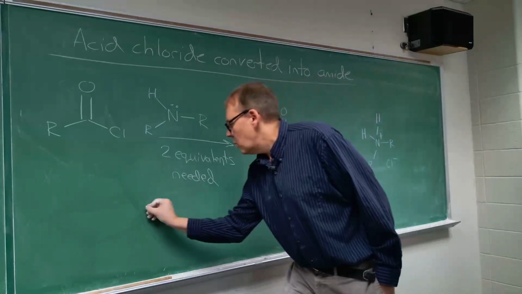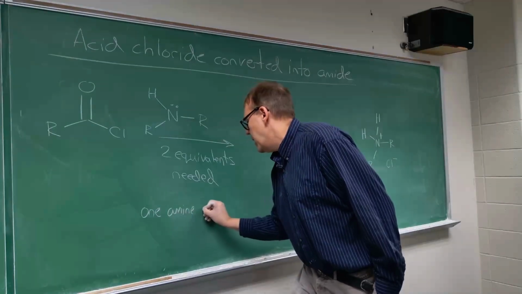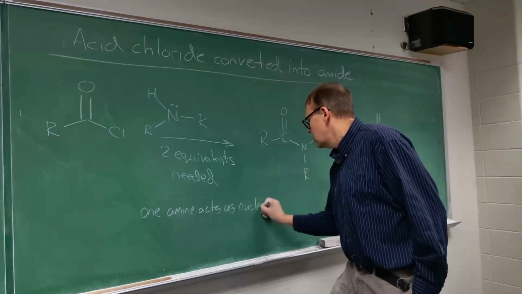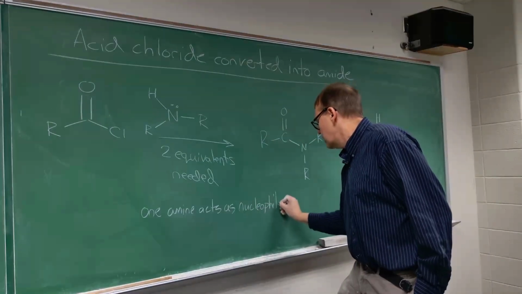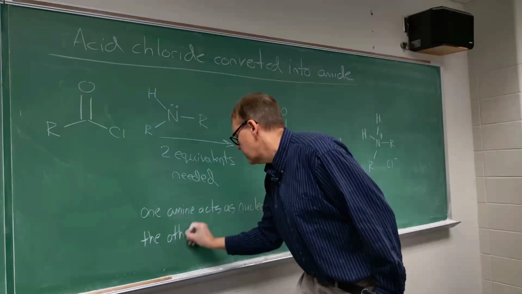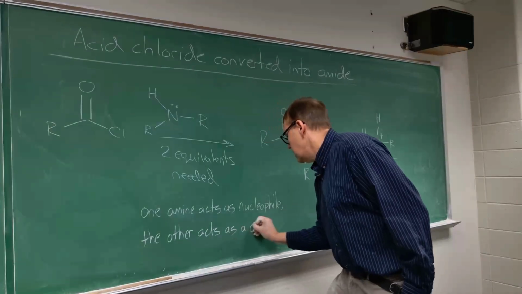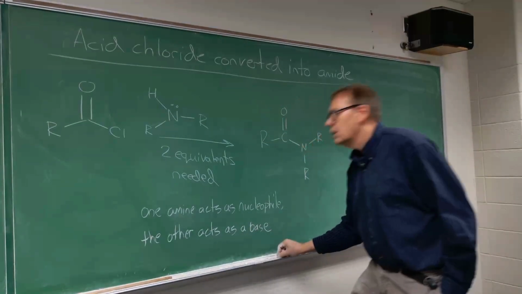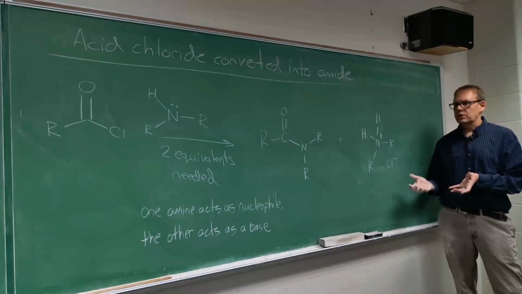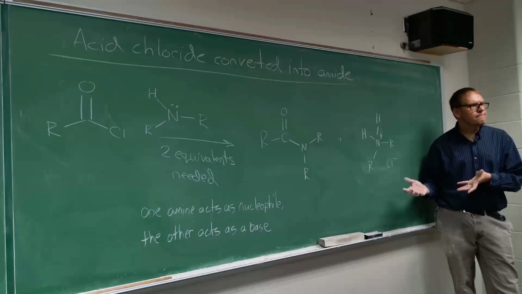So one amine acts as nucleophile. The other acts as a base. And so we'll get into that next time. So that is formation of an amide from an acid chloride using 2 equivalents of an amine.